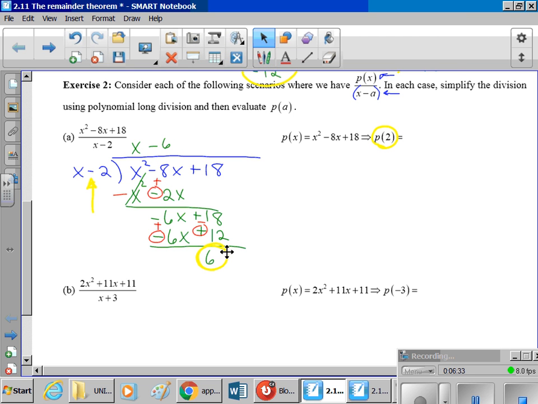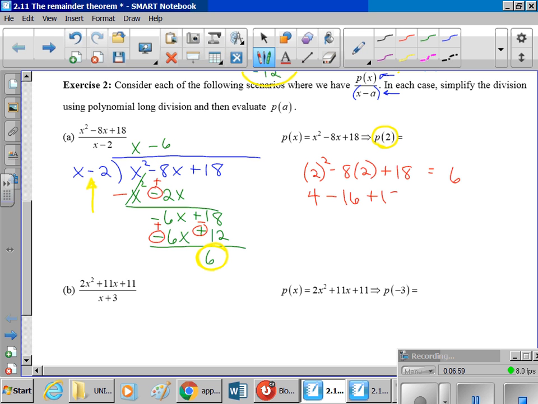We substitute in 2 squared minus 8 times 2 plus 18. And once we put that whole thing into our calculator, it does equal, oh, I'm sorry, 6. I'm thinking about exercise 1. Because you get 4 minus 16 plus 18, which is 4 plus 18 is 22 minus 16, which is 6.